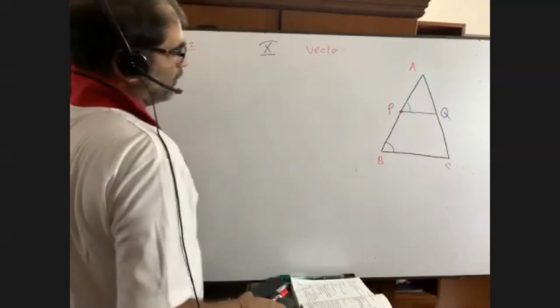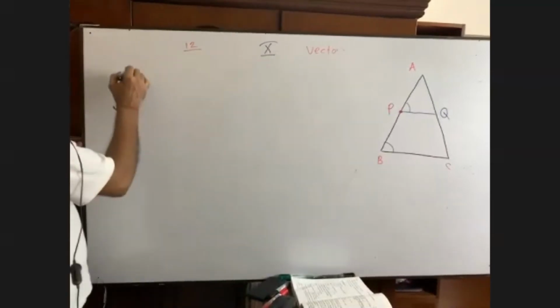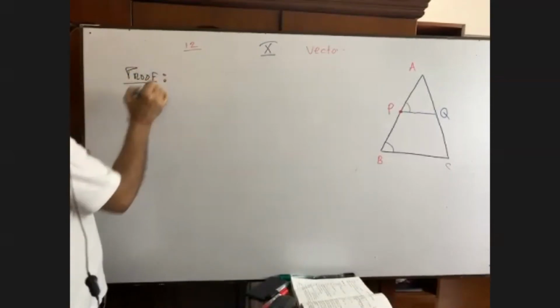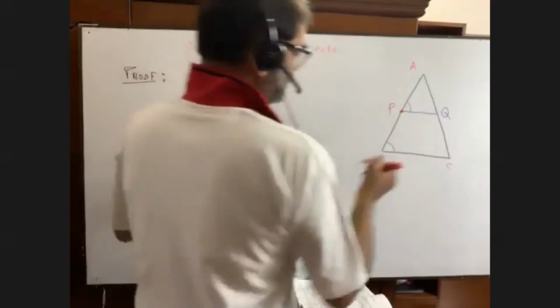Okay. Now, proof. What I told you, after writing the proposition, what is to do? You have to give vector sign.